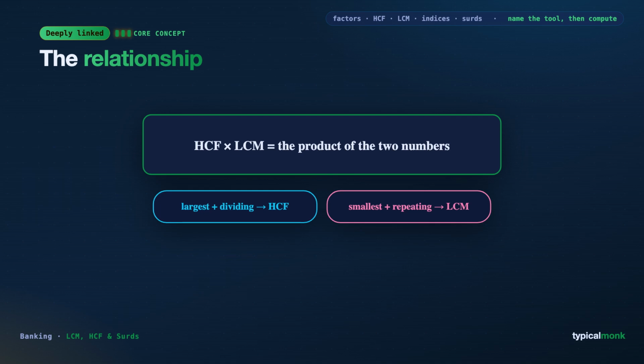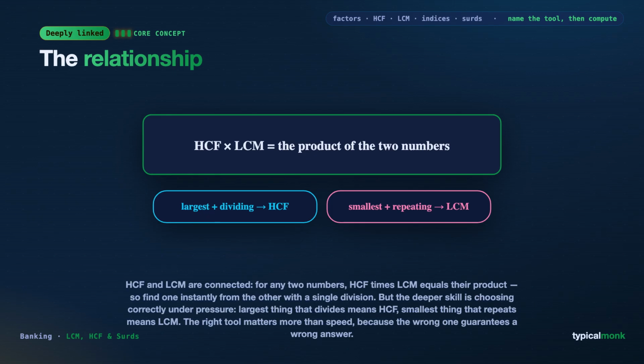Getting this choice right instantly is worth more marks than any calculation speed, because the wrong tool guarantees a wrong answer no matter how fast you compute. So the takeaway: HCF times LCM equals the product of the two numbers, a formula that finds one instantly from the other.